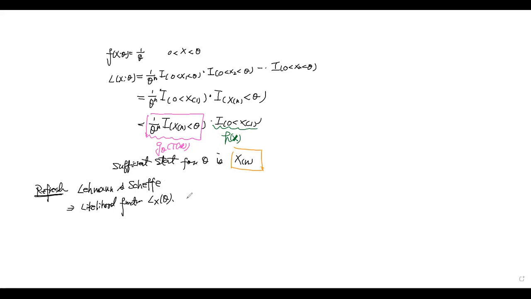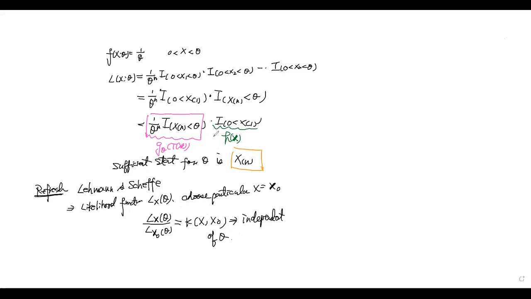Then we can choose a particular x equal to some x0, such that the ratio of the likelihood function of x given theta over the likelihood function of x0 given theta is independent of theta. Then whatever x we find will be our minimal sufficient statistic.